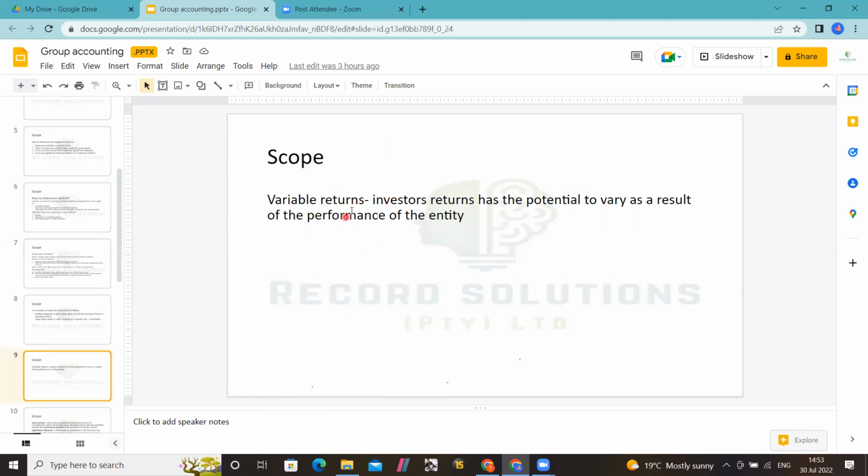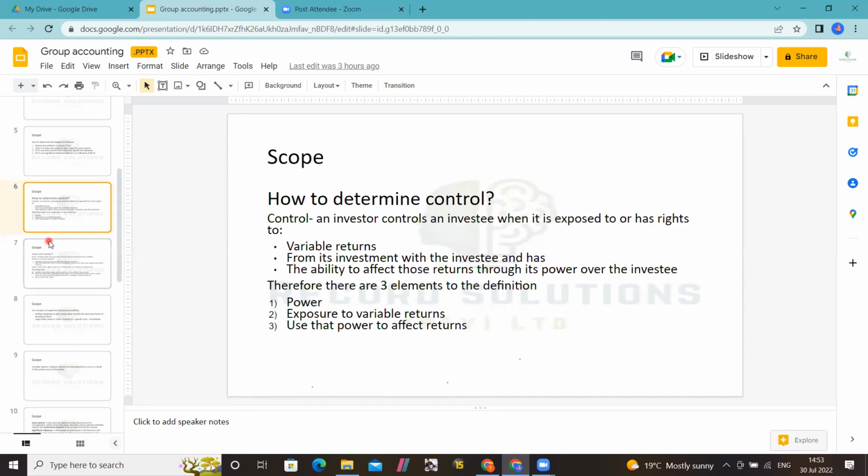And then after determining that the returns of that business are variable in nature, you just link this power to returns. So you just say how entity A can use its power to affect those returns. You can say something like, because entity A has control over entity B, entity A can direct relevant activities in such a way as to affect those returns.